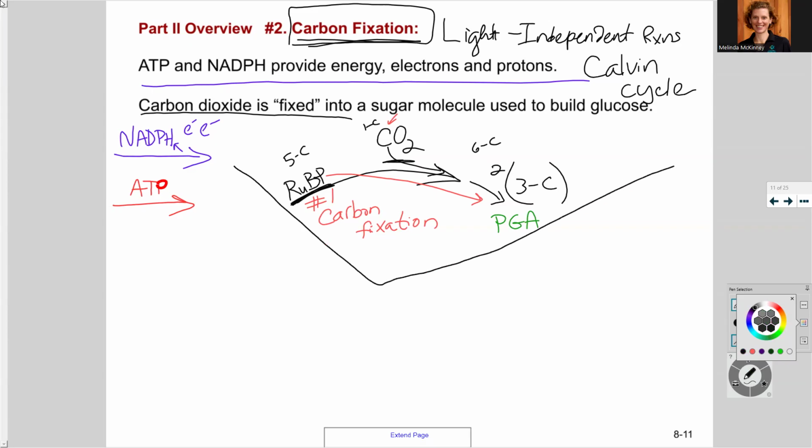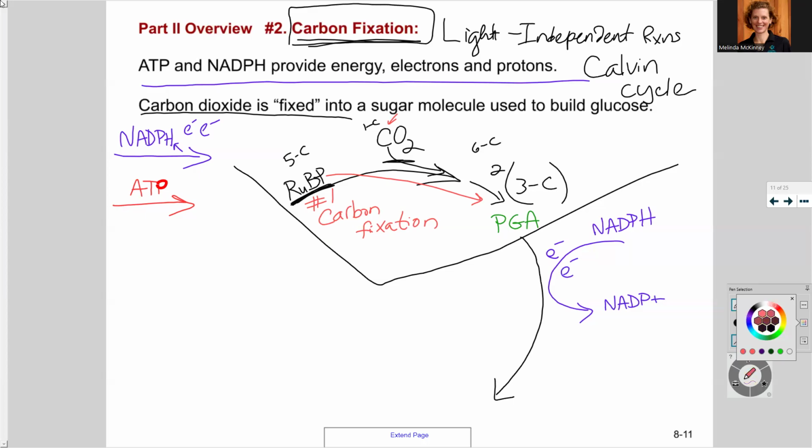So carbon fixation. Then we're going to take PGA and we are going to add a whole bunch of energy and electrons to it. So we're going to bring in electrons from NADPH. We're going to add those. Once it delivers the electrons, it turns back into NADP+, which will go and get more electrons and bring them back for the next cycle.